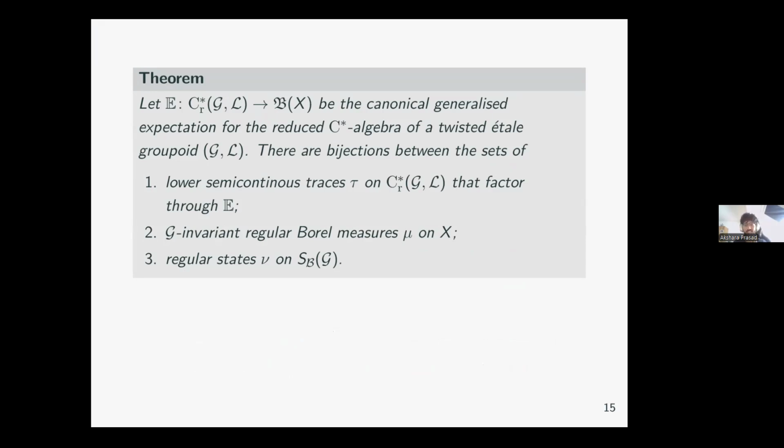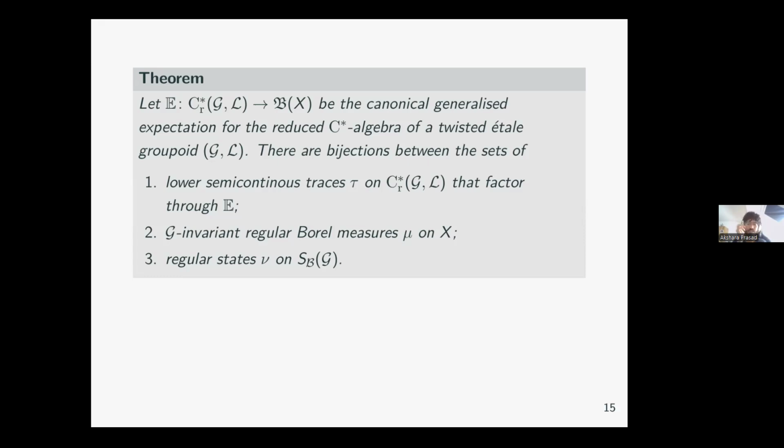And here we have a condition that the traces need to factor through E, where E is the canonical expectation from the reduced C*-algebra to the Borel measurable functions on the unit space. And here we are considering B(X) and not just C_0(X), because we are working in the generality of not necessarily Hausdorff groupoids.